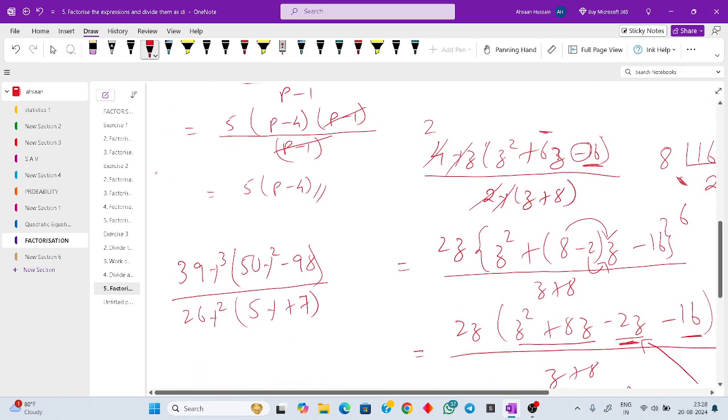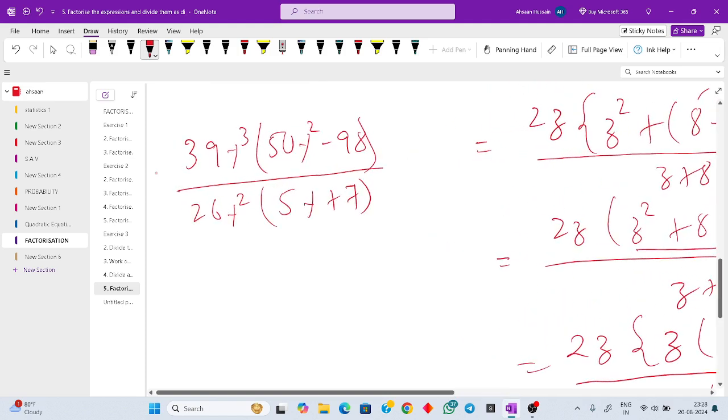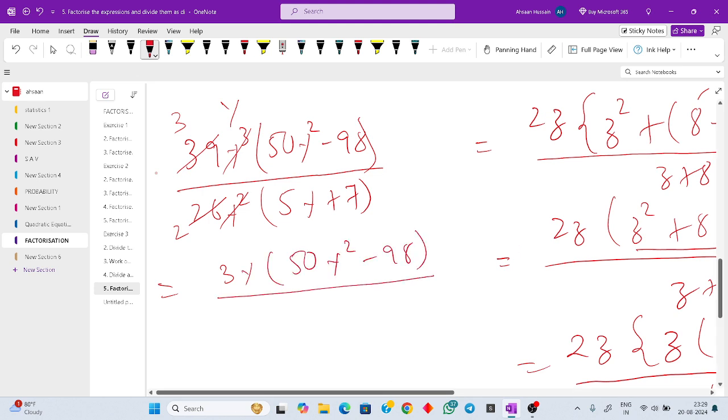Is it? Yes. Okay. So you can clearly see both 39 and 26 are multiples of 13. So 13 two times, 13 three times. y square, y cube, we can cancel right here, y. So what is left? 3y(50y square minus 98) over 2(5y plus 7).